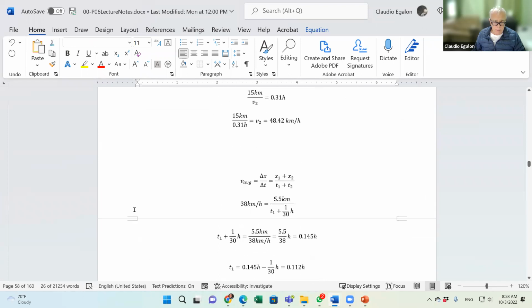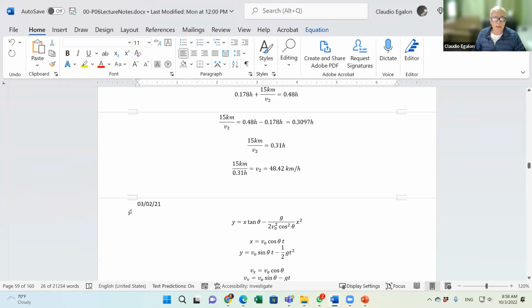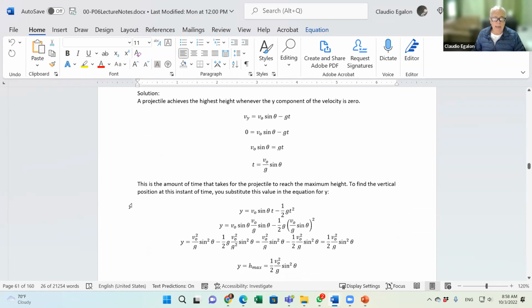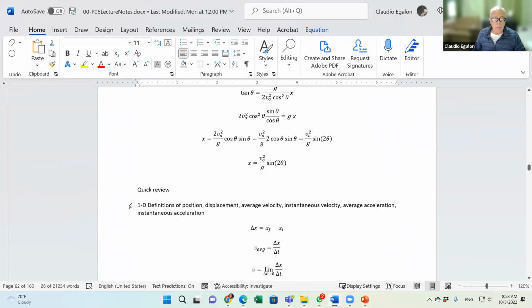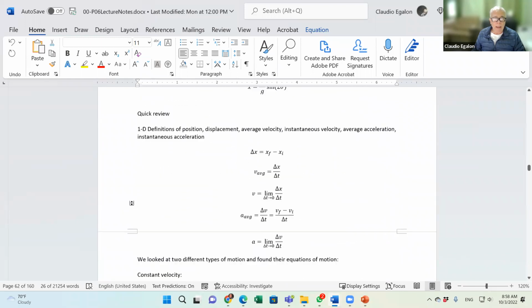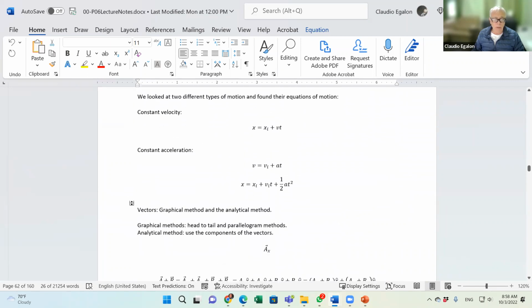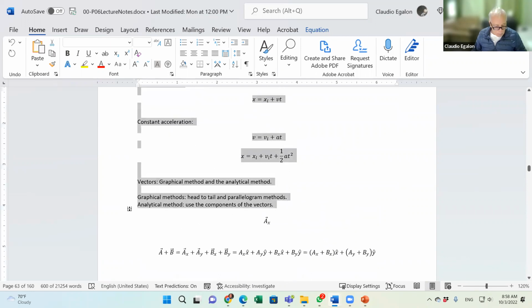Back in the time of Galileo Galilei in the 1500s, people were trying to figure out how to predict the path of a projectile like a cannonball propelled by a cannon. The first step was to look at the equations of projectile motion.